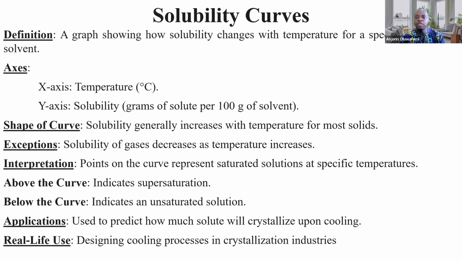Okay, solubility curve. The first thing we need to do is define what a solubility curve is. Based on this definition, a solubility curve is a graph showing how solubility changes with temperature for a specific solute in a solvent.